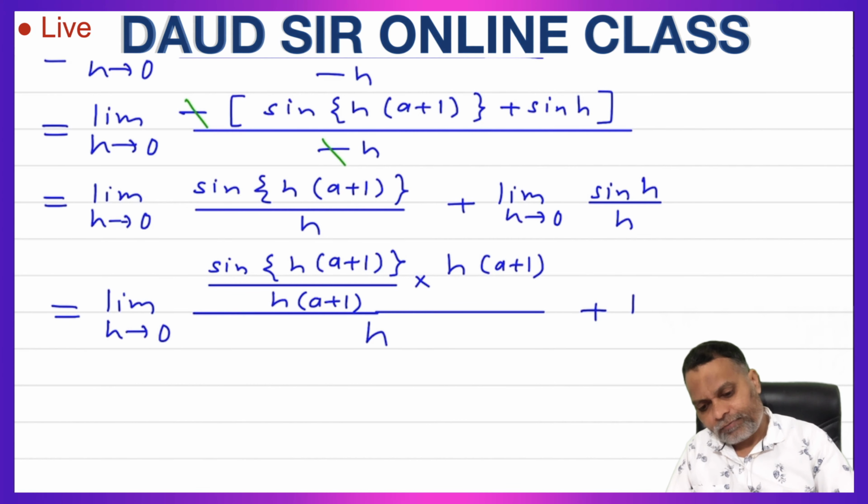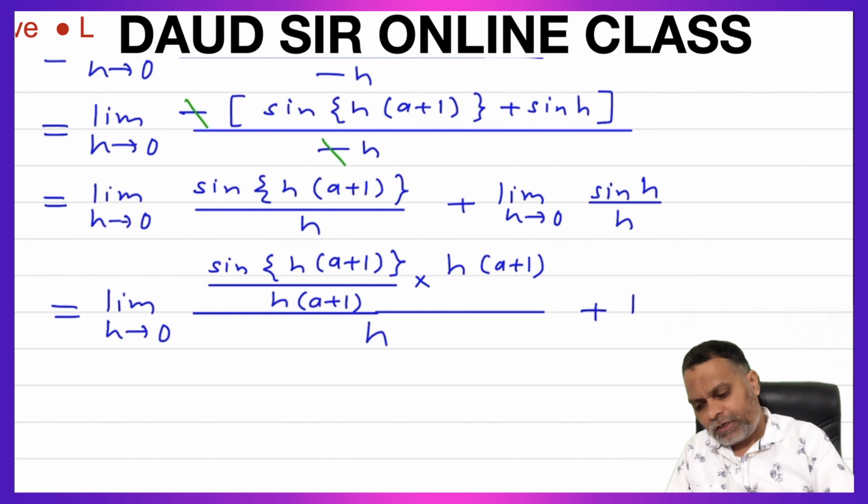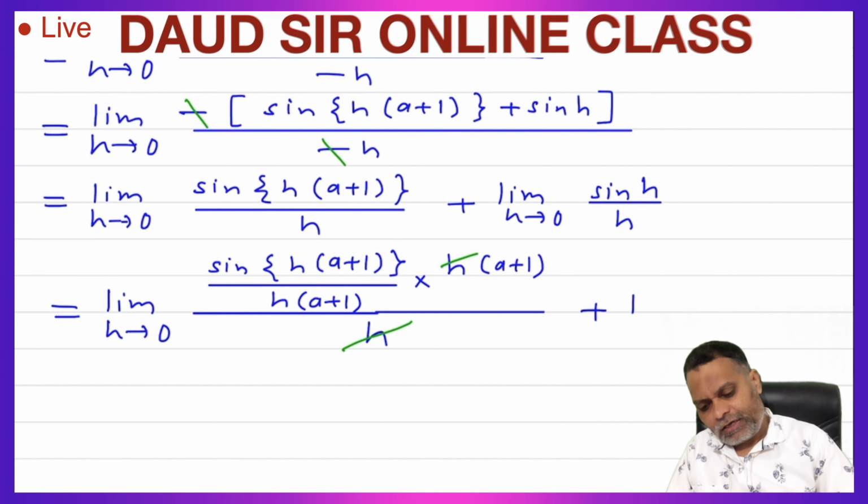Limit h tends to 0 of sin h upon h is equal to 1. This h cancelled. Now write this a plus 1 outside the limit.